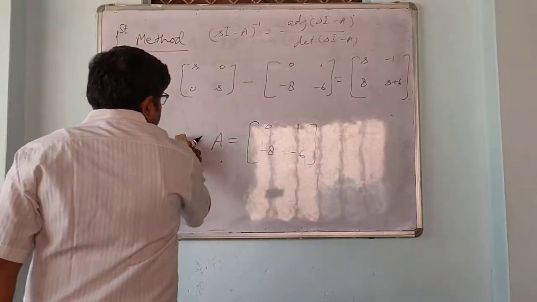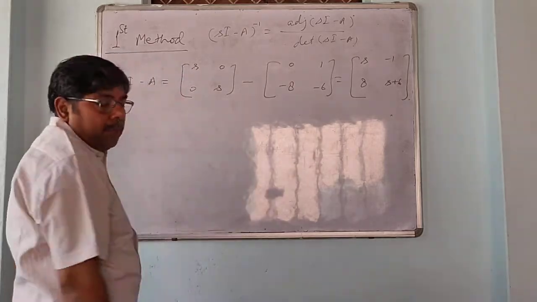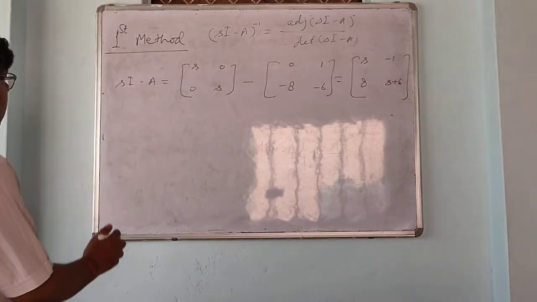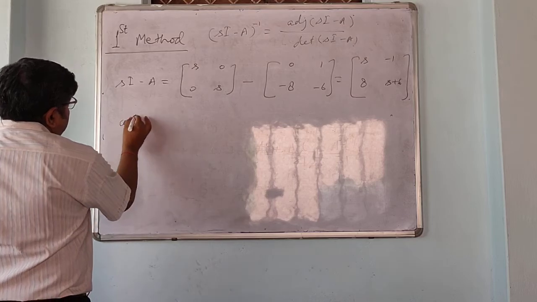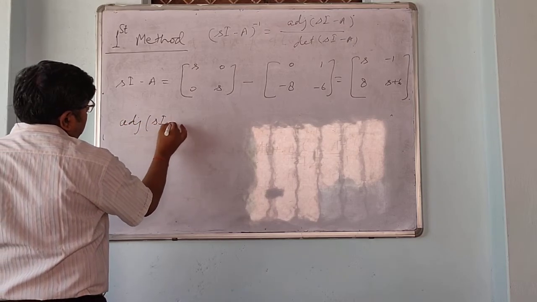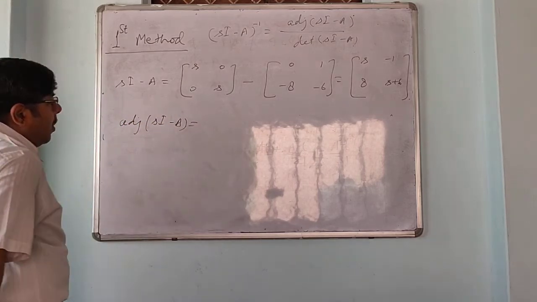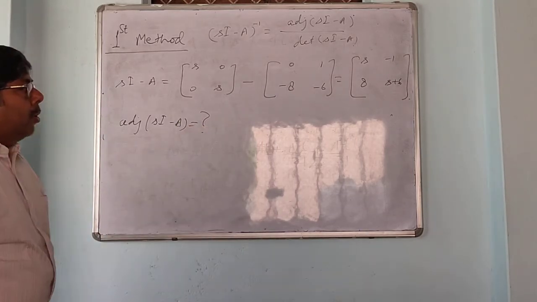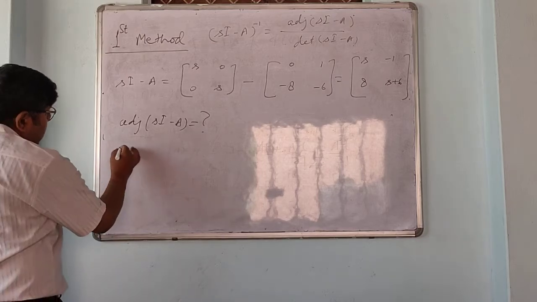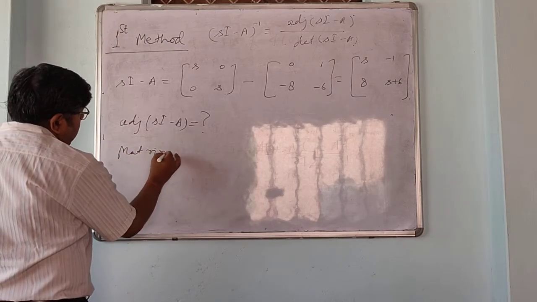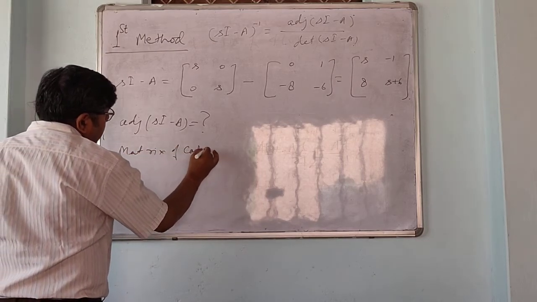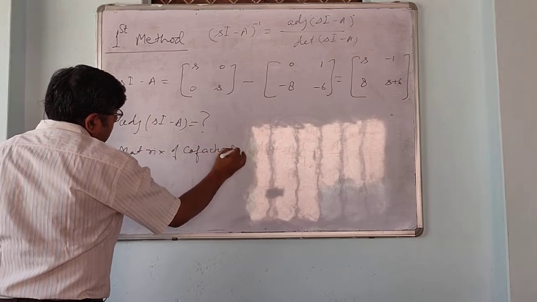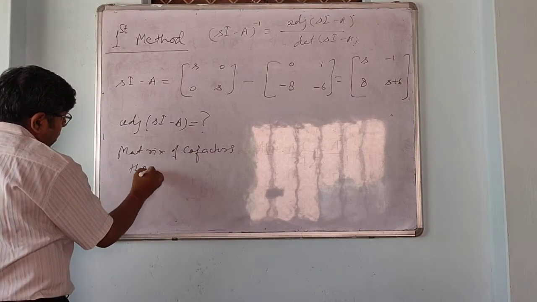Now to find the adjoint of this, we have to find the matrix of cofactors, and then transpose.